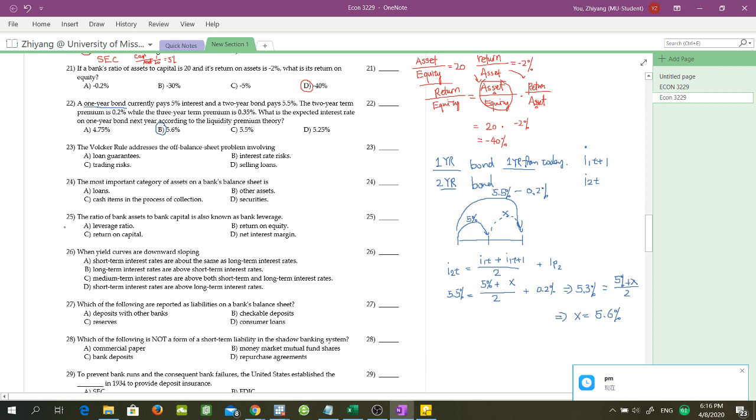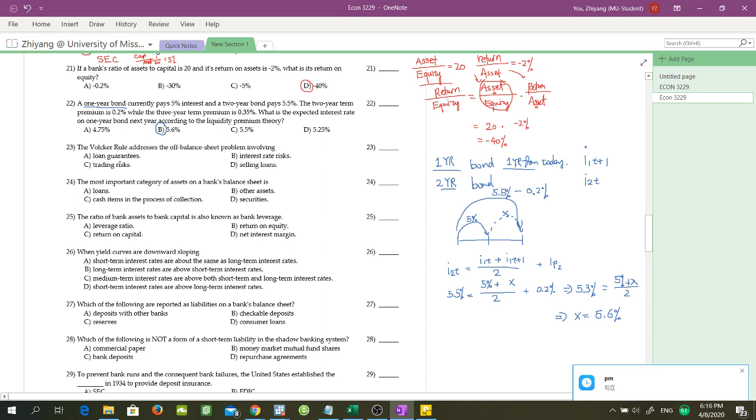Question 23, the Volcker rule addresses the off-balance sheet problem involving what? If you still remember, the Volcker rule is part of the rules that we imposed on the financial market in 2010. It is part of the Dodd-Frank Act. What it does is limit the trading activities of commercial banks, and it limited a lot of things.